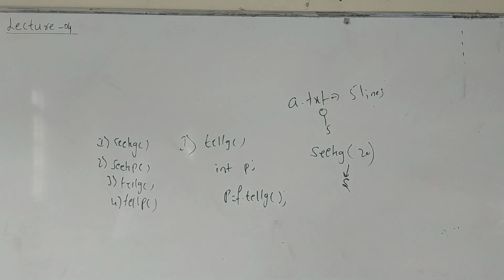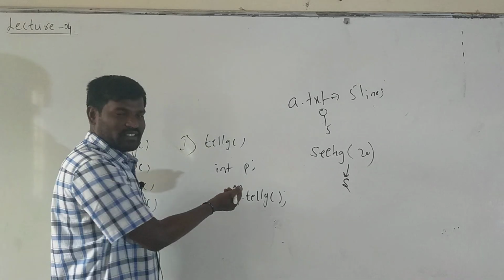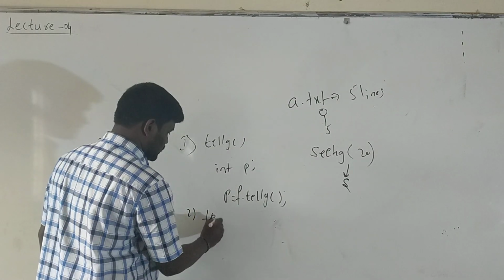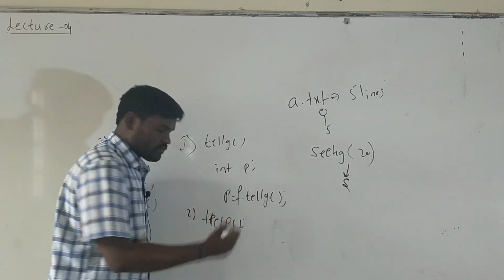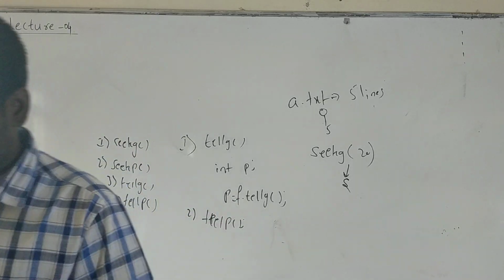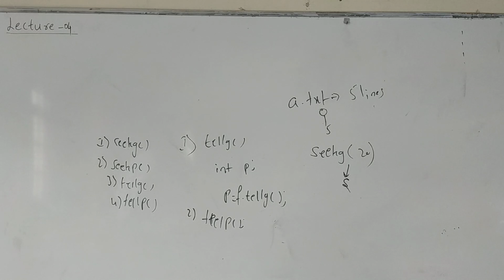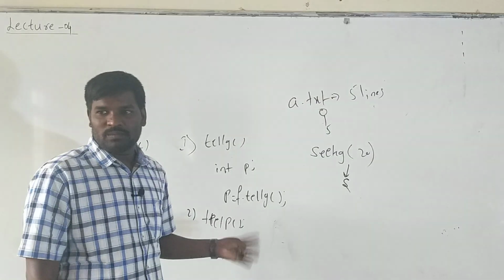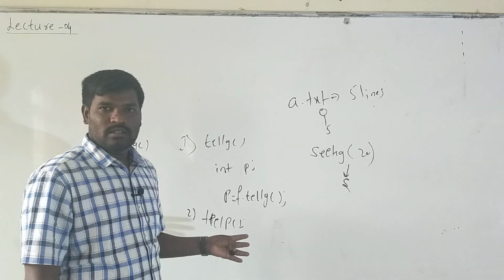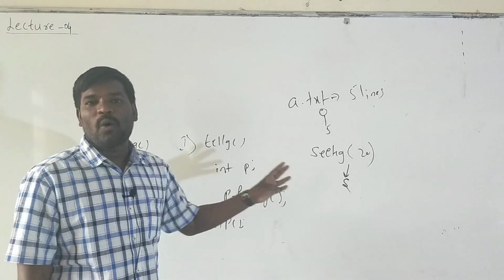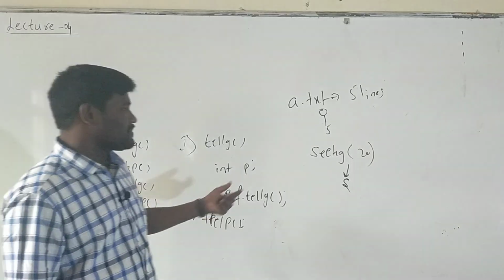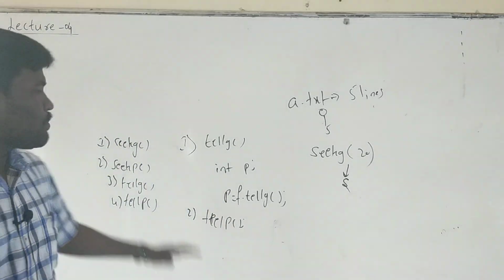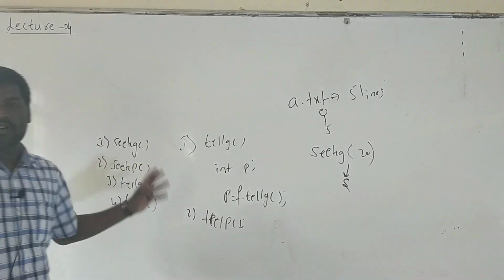In the same way, tellp. It will get the position from the put pointer position. Put pointer means you can use the seekp. So these four are the pointer manipulation functions.